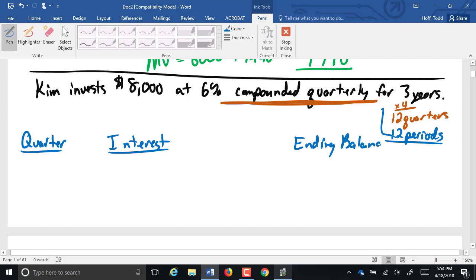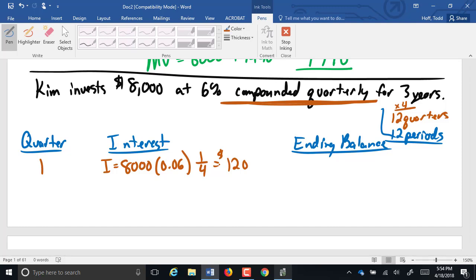So we're going to go quarter by quarter, finding the interest and the ending balance. In quarter 1, the interest is 8,000 times 0.06 times 1 quarter, a quarter of the year. That's $120. Does that look right? So that means our ending balance is $8,120. We just added that to the original $8,000.